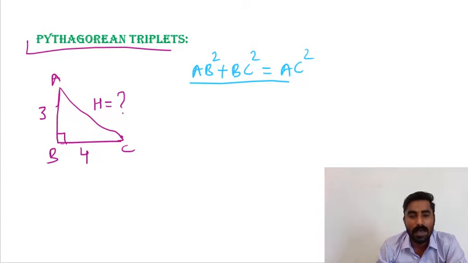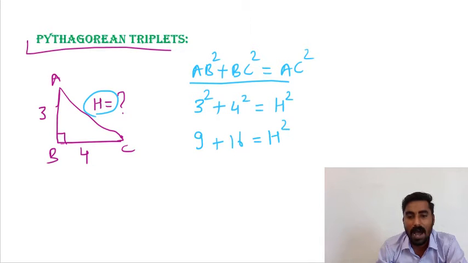So the square of 3 plus the square of 4 is equal to the square of AC, which is the hypotenuse squared. The square of 3 is 9 plus the square of 4 is 16, which is equal to the square of the hypotenuse.